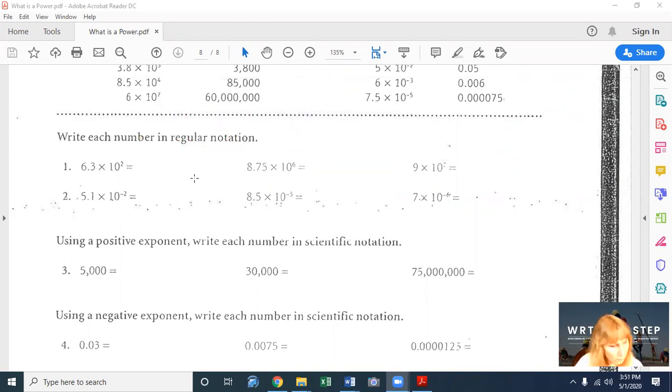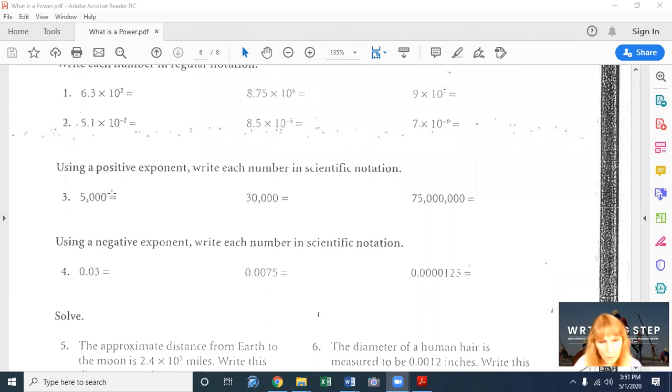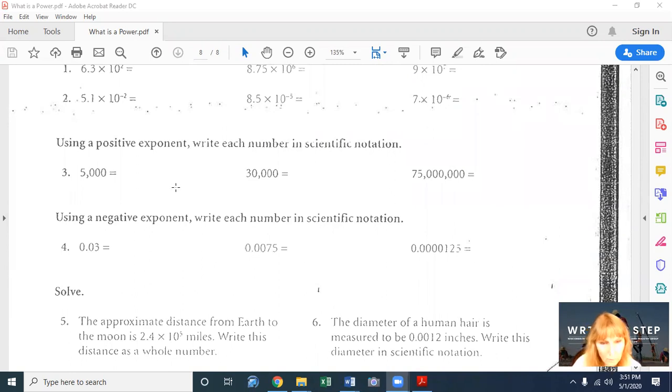And let's look at row 3. We're going to use the positive exponent, write each number in scientific notation. So now this is what we practiced a minute ago. Let's look at the second one here. So we have 30,000. We have to get a number between 1 and 9, right? So this is currently what it looks like: 3, 0, 0, 0, 0. And our decimal is currently after the number right here.